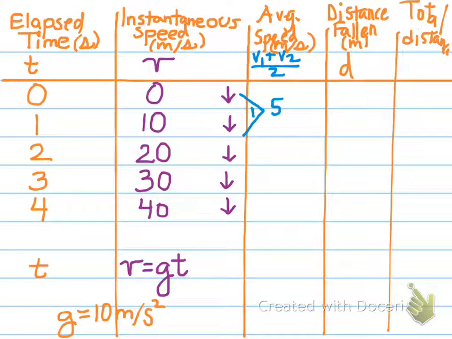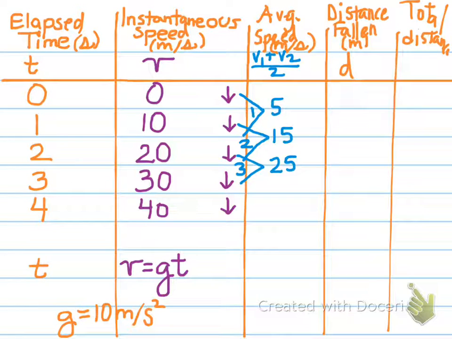So now I have, for my second of fall, 10 plus 20 is 30, divided by 2 is 15. For my third second of fall, 20 plus 30 is 50, divided by 2 is 25.